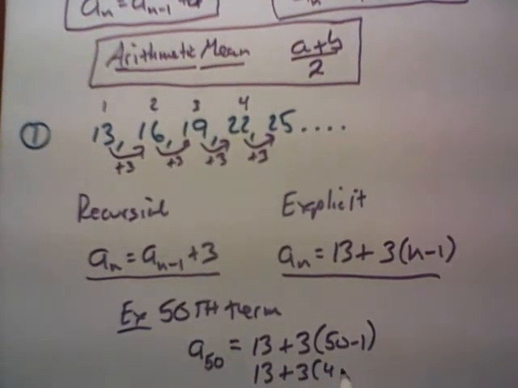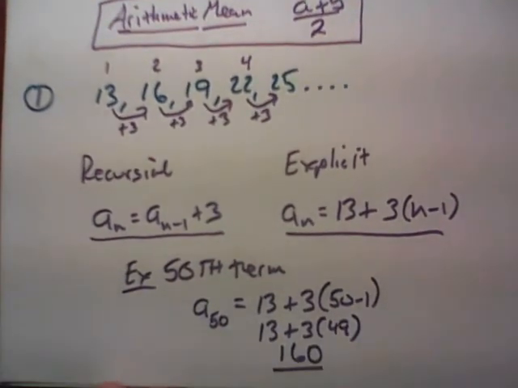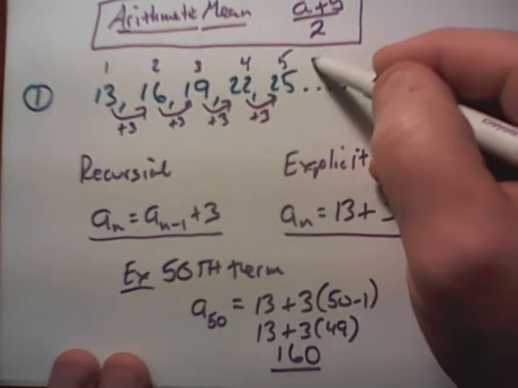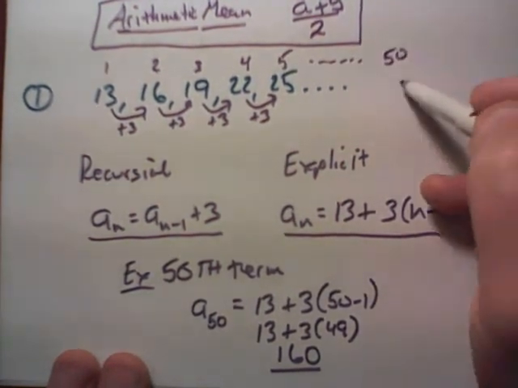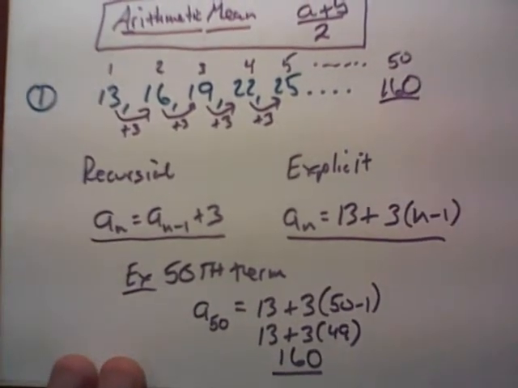That's 13 plus 3 times 49, and I believe that is 160. Which means the 50th term of this sequence, if we continued on, would be 160.